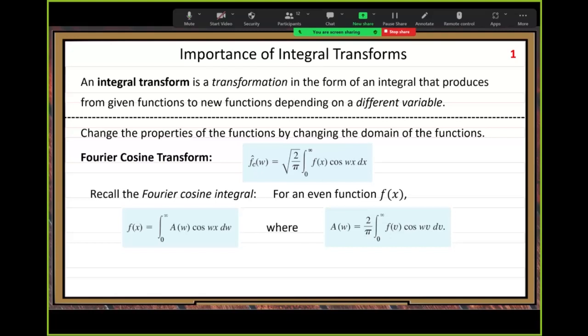Because we also want to do the inverse transform. So one root of the constant is for the normal transform, and another root of the constant we put in the inverse transform. To be fair, you can treat it as a fair way.